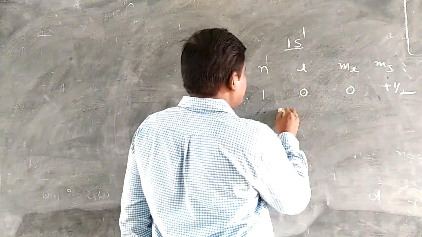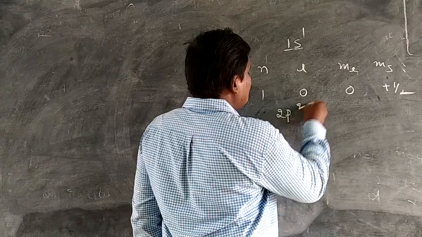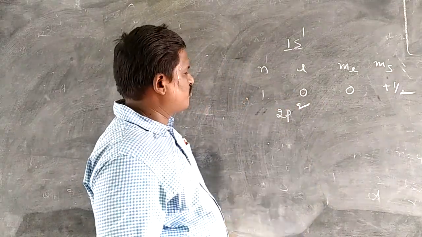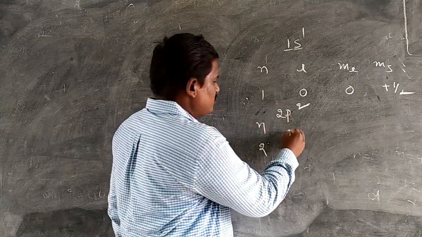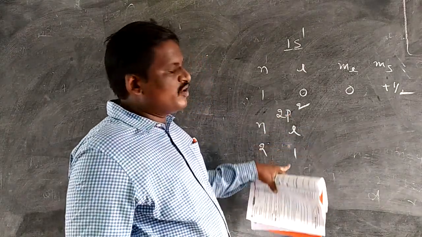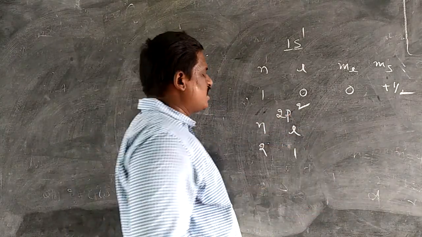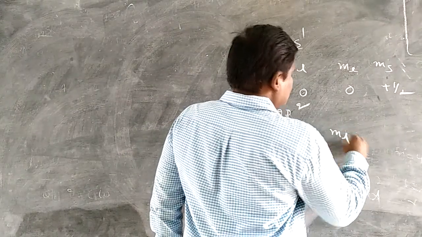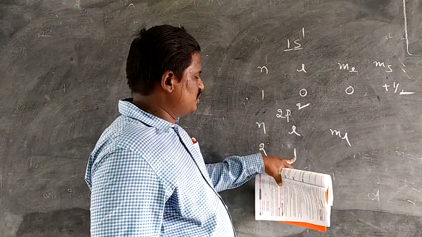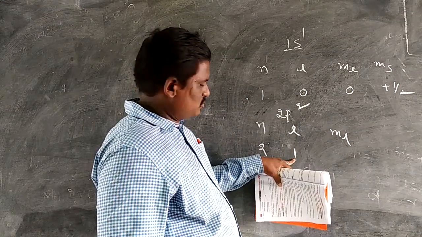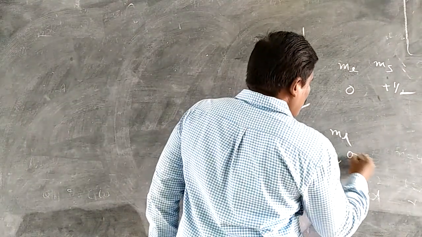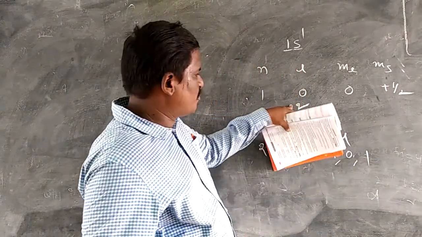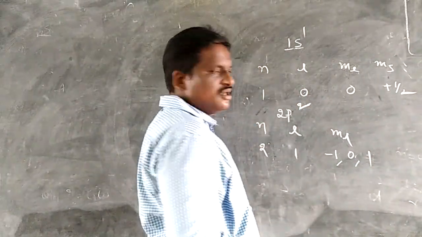Suppose, for example, 2p2. Write the 4 quantum numbers. The n value is 2. Here p means the l value is 1. For the l value 1, the ml values come from the formula 2l plus 1, that is 2 into 1 plus 1, 3 values: minus 1, 0, plus 1. Now how do we write 2p2?